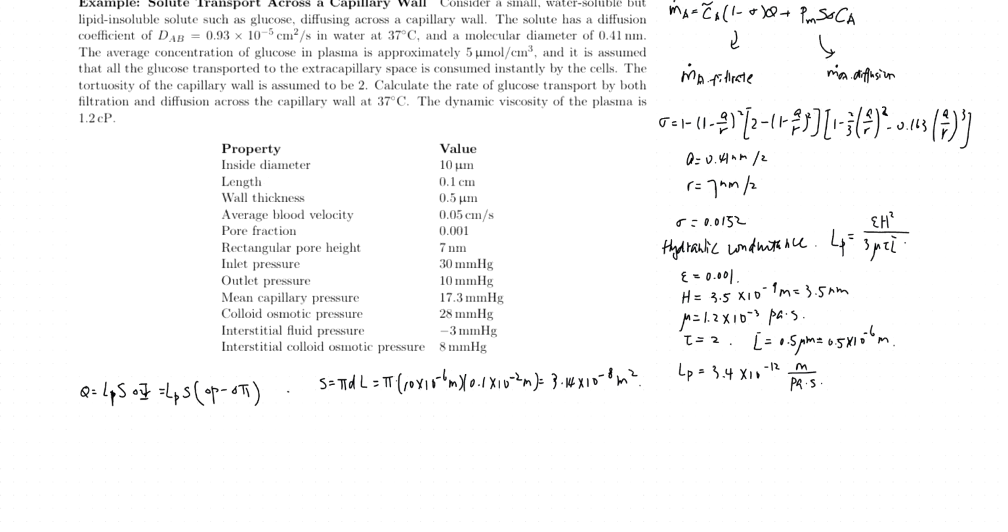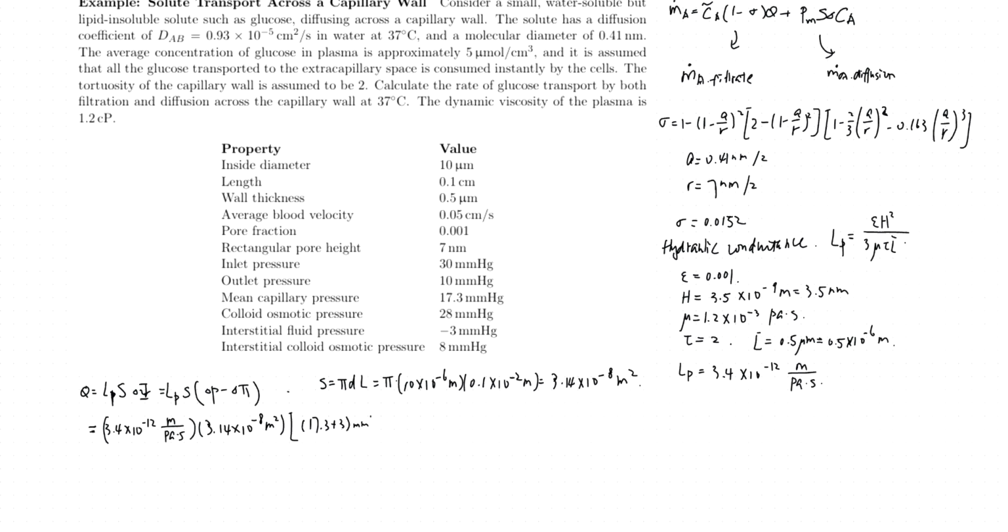So LP is 3.4 times 10 to the minus 12 meter per Pascal second. Area is 3.14 times 10 to the minus 8 meters squared. Okay, let's figure out the pressure. For the pressure difference, we use the average pressure. So it's 7.3 plus 3 millimeter mercury.